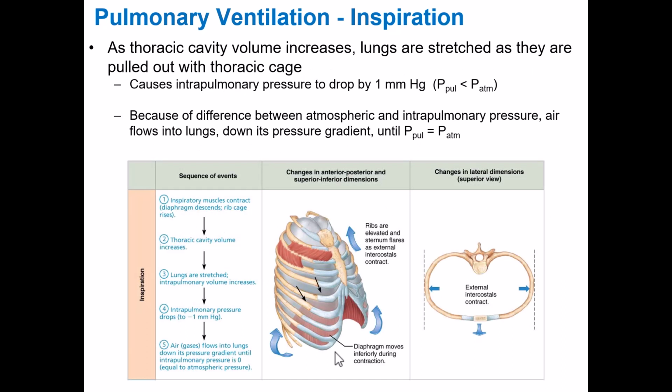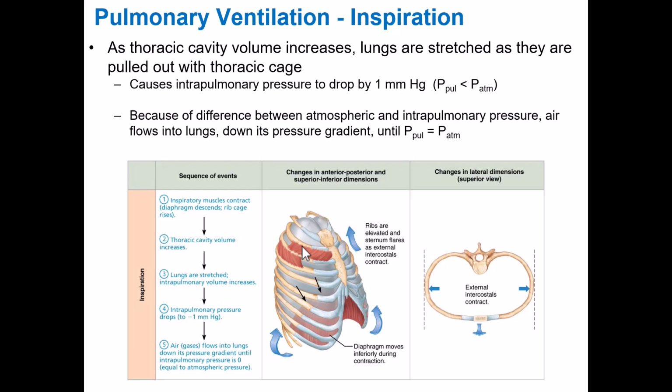So in this image, this is showing you exactly what's happening when you are breathing in. Normal, quiet breathing in. Diaphragm contracts and will actually move down, whereas the external intercostals are contracting and they are lifting the rib cage up. The effect of the action of these muscles is to increase the volume of your thoracic cage. That increases the volume of your lungs.